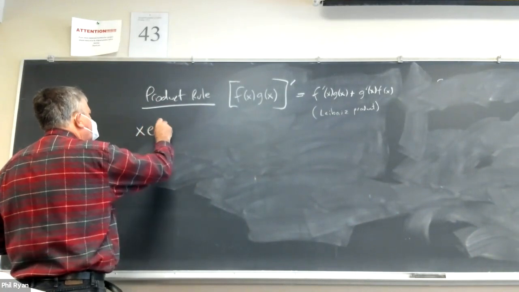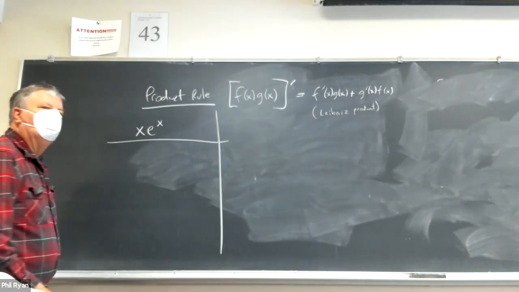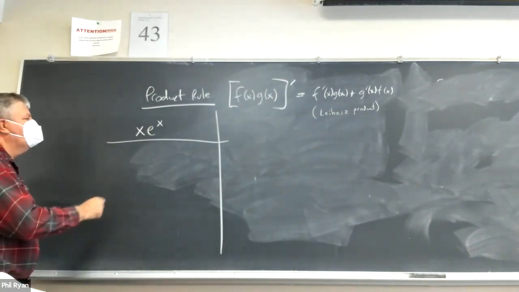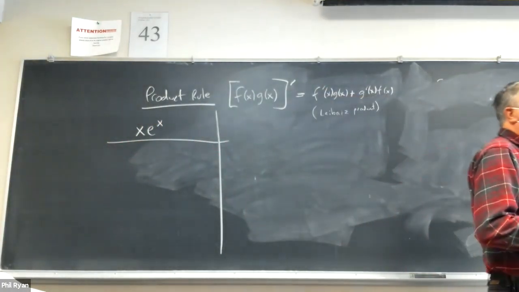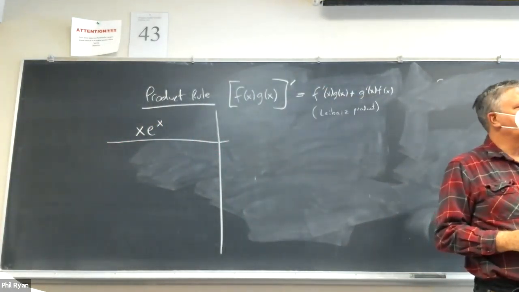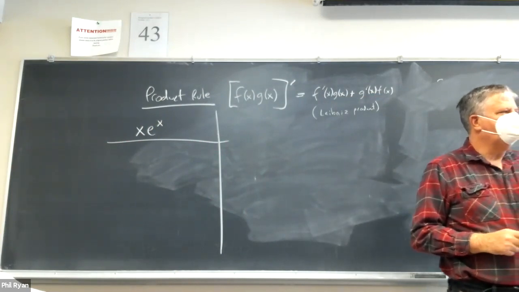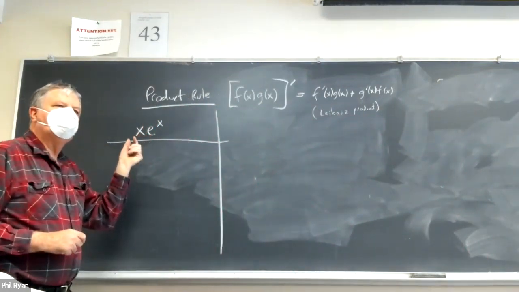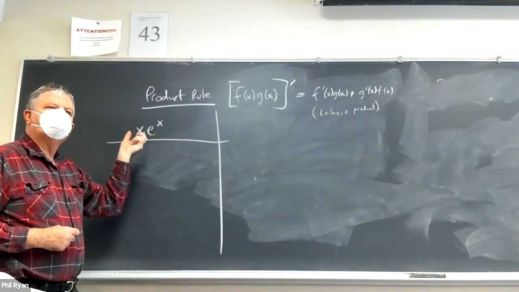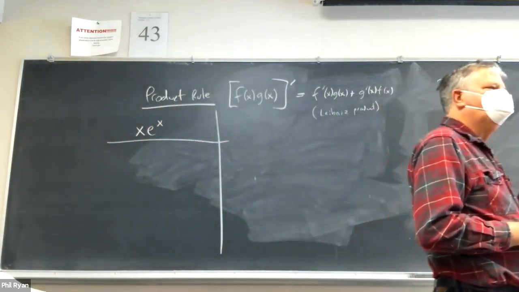x times e to the x. Okay, so you notice that part of the skill in differentiating that is parsing it. It's like seeing how the thing is put together. So we look at this and we see that we're taking a product of two functions, therefore we use the product rule.